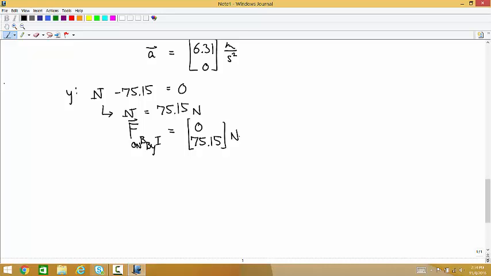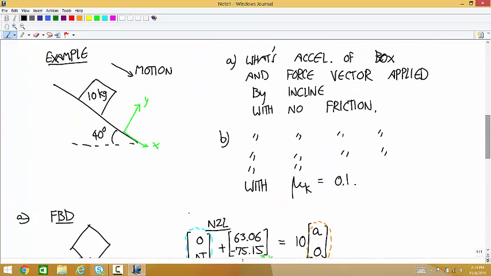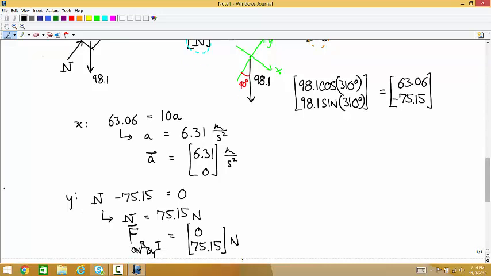Okay, so what happened here? This box was moving down the incline. We got an acceleration vector that was, is it up or down the incline? It's in the positive x direction, so it's down the incline.